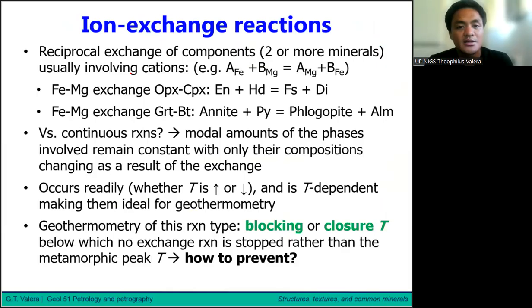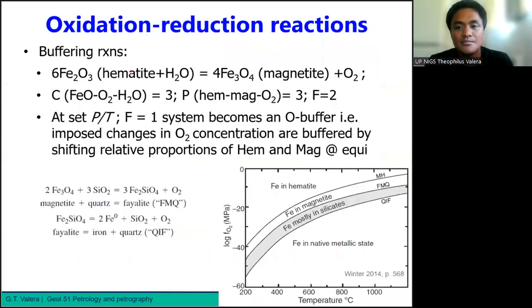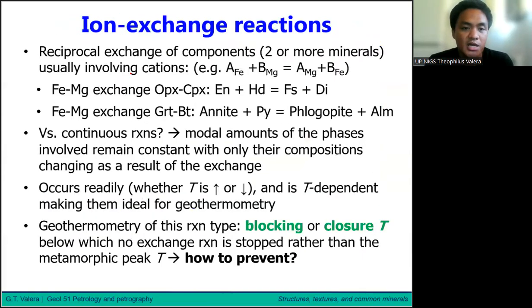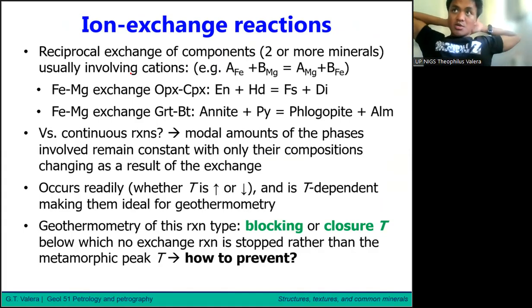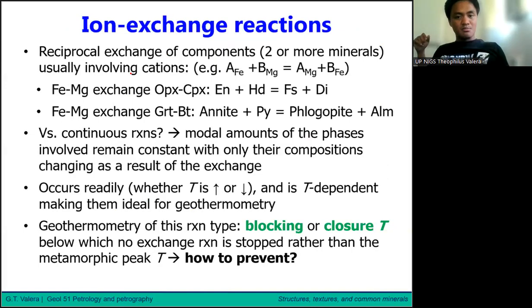Other reactions are ion exchange reactions and oxidation reduction reactions. Ion exchange reactions basically is solid solution. For example, the reciprocal exchange of components between two or more minerals, usually involving cations. For example, the iron magnesium exchange between OPX and CPX.